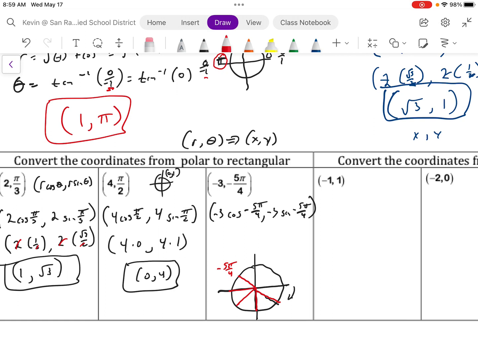The same as 3 pi over 4. Hopefully, you remember that at this point, we have -root 2 over 2 and root 2 over 2.